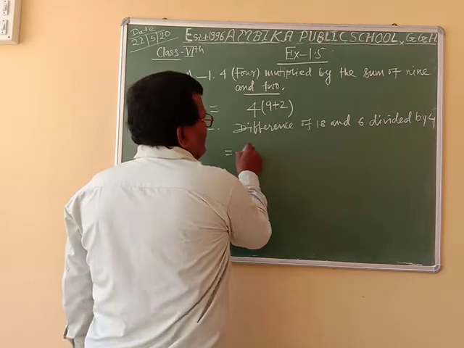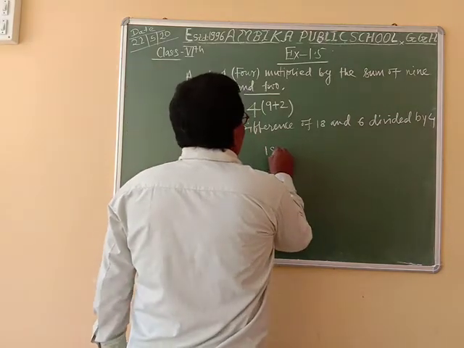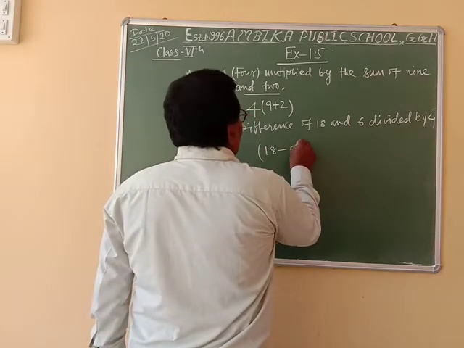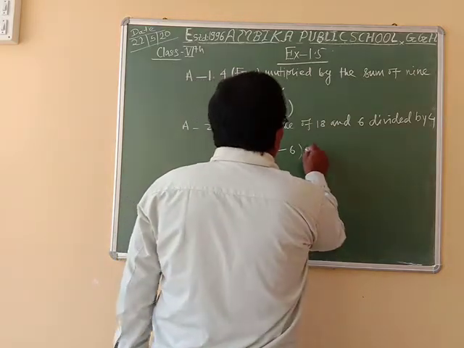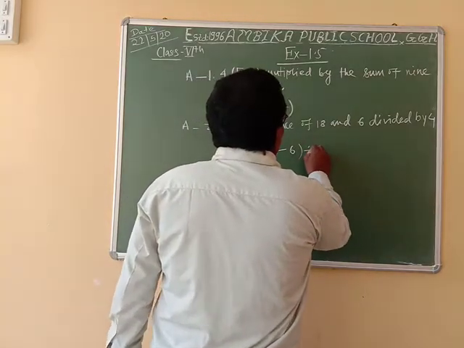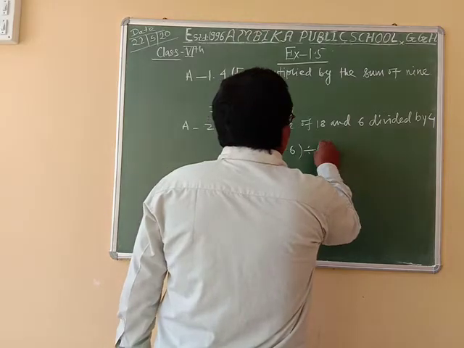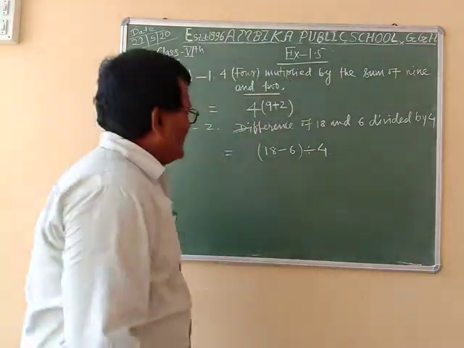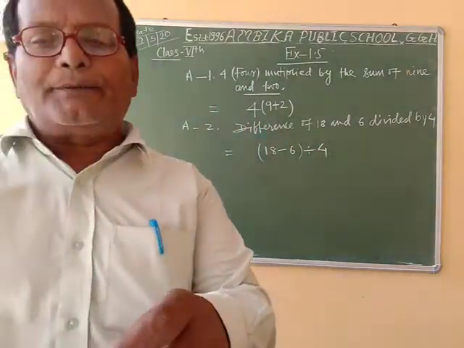So we can write 18 minus 6 and divided by 4. So we write as 18 minus 6 divided by 4.